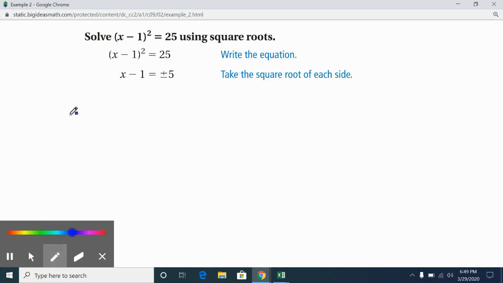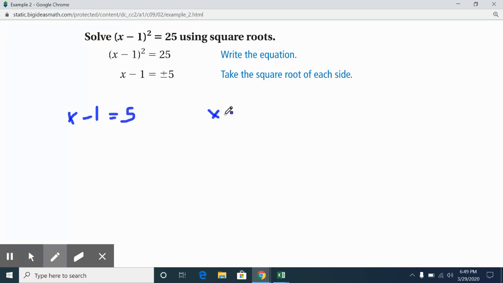So here's another way we can look at this. This is really saying that x minus 1 could equal positive 5, or x minus 1 could equal negative 5. I'm just showing you another way you could write it out as 2 separate equations, as opposed to what they did. And then just solve these equations.